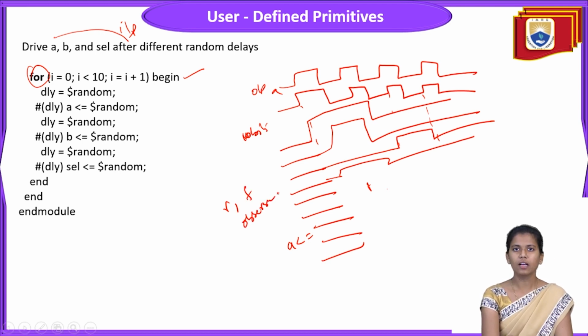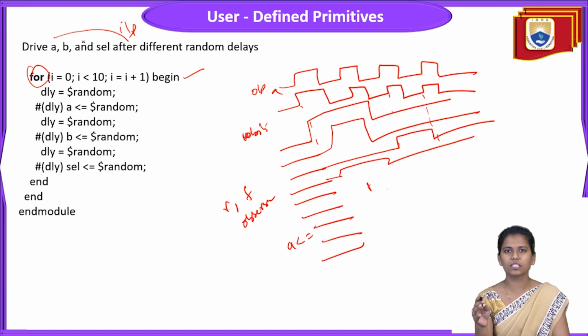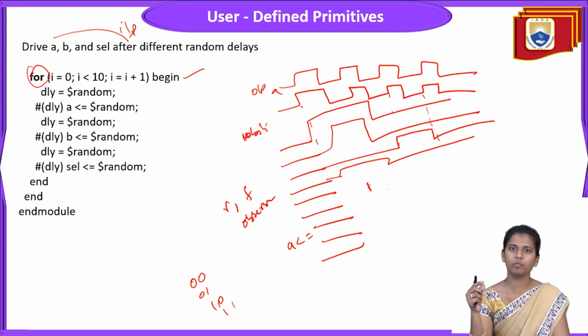Why? Because in this particular question, randomly we are considering the inputs A, B and selection lines for 0 0, 0 1, 1 0, 1 1. So in the timing diagram, I can see randomly the rising and falling edge, where the time delay occurs.